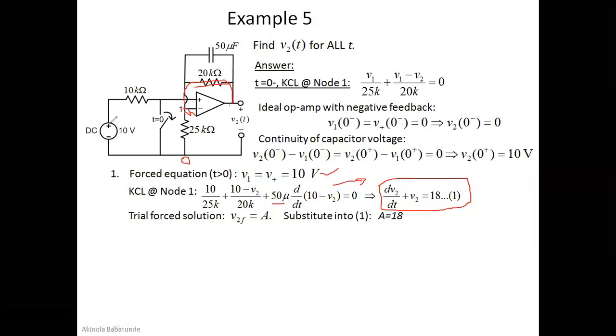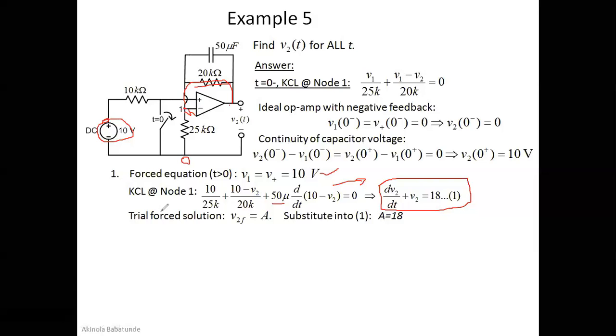At this particular point, we're dealing with a first order equation. What you can see here is we have a DC source, and that DC source is 10 volts. The DC source is constant. So to find the forced solution, what you would do is assume a trial forced solution, which will be equal to A. A is a constant, and we are going to use A because the DC source here is a constant.